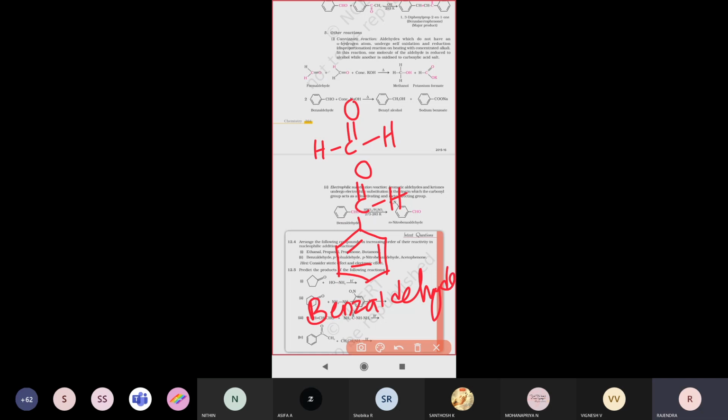So benzaldehyde and formaldehyde participate in the Cannizzaro reaction. Why does benzaldehyde participate? Is any alpha hydrogen atom present in benzaldehyde or not? Look at the structure, all of you, once. Is there any alpha hydrogen atom present or not?